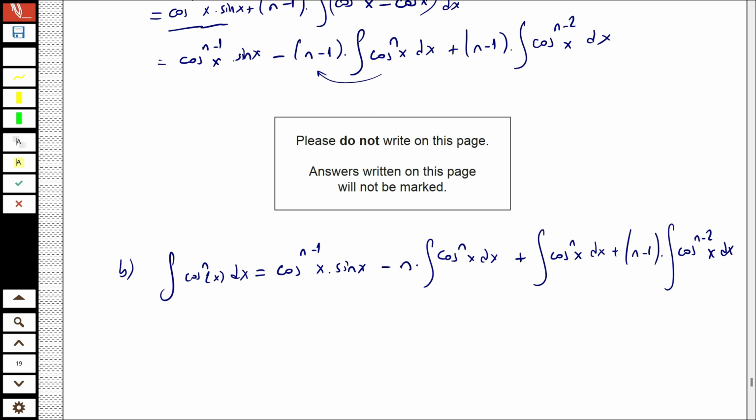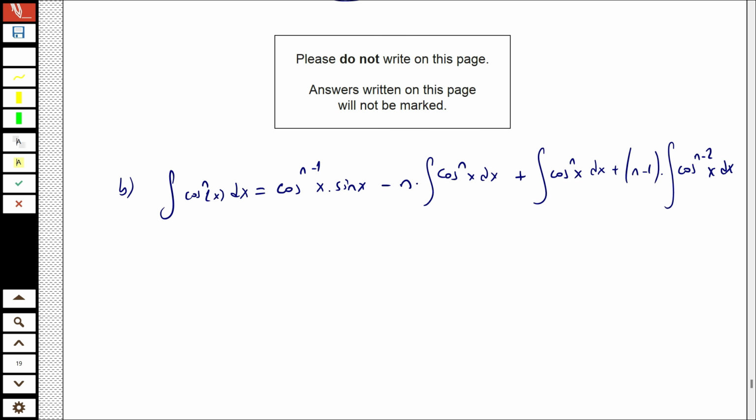So first you cancel these integrals because they are the same and add to both sides this expression, you will see that n times integral cosine to the power of n x dx equals the right hand side.